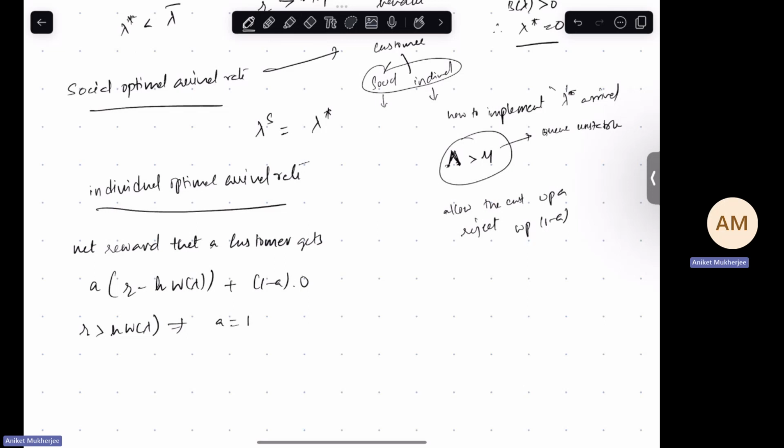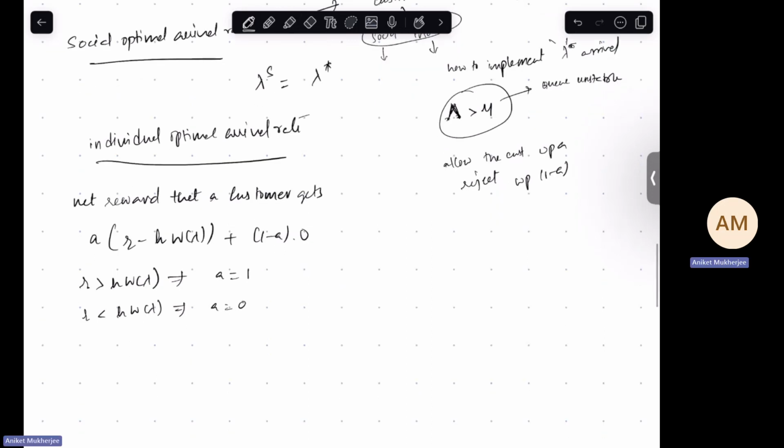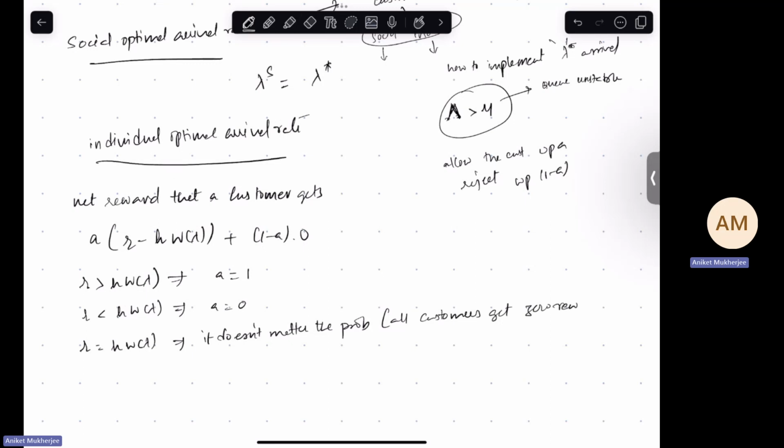All the customers with probability 1 would enter the queue because you'll always get a higher reward. If R is less than H W lambda, then no customer would want to enter the queue. If R equals H W lambda, then it doesn't matter what the probability is, all customers get 0 reward.